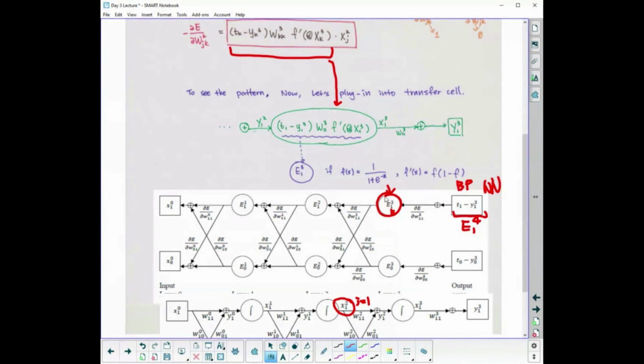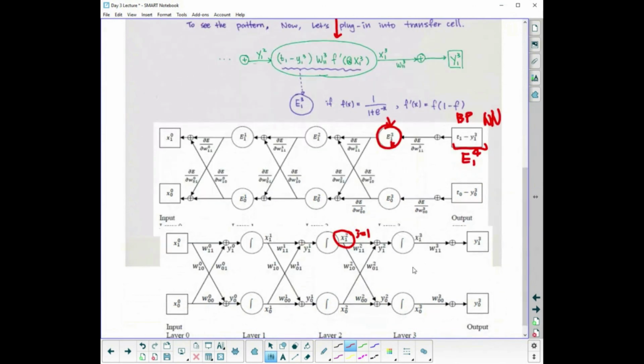Then the second part, you can write as this whole thing: T1 minus Y1 layer 4, times weight 1 layer 3, times the derivative of the activation function at x1 layer 3. That's what the E1 layer 3 node will have. So you are going to use those two.